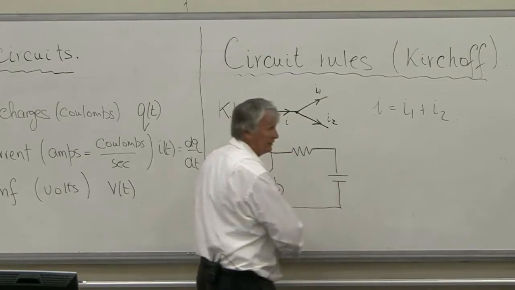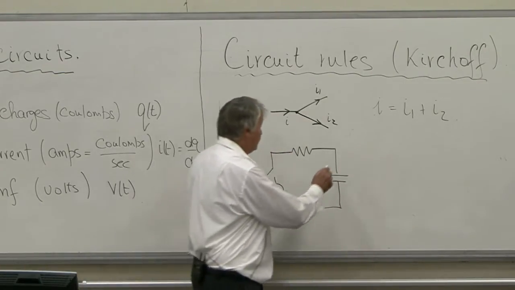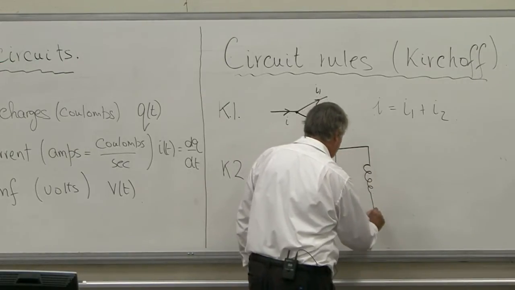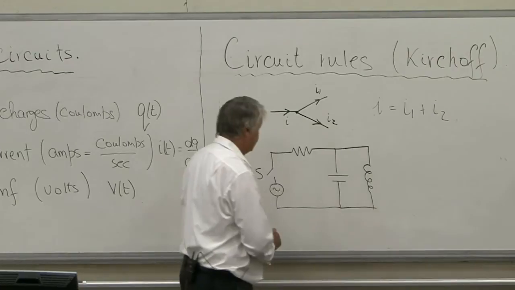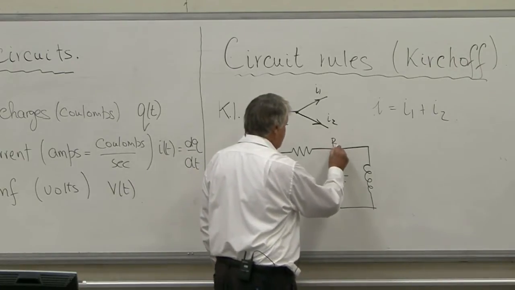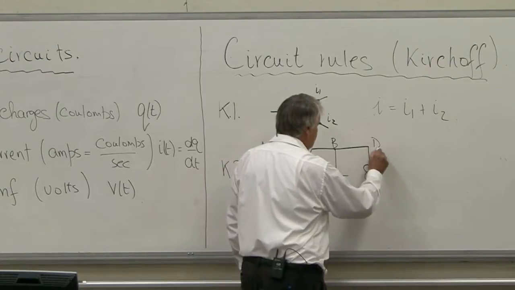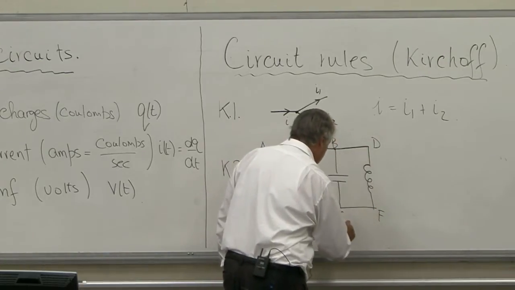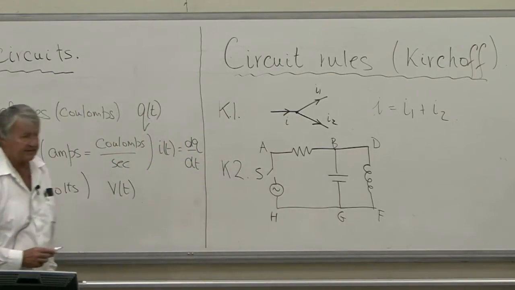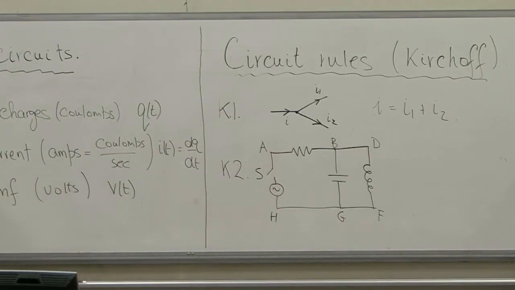So like that. And actually I may have another bit of the circuit, so we could have a network like this. A, B, D, F, G, H. I will just designate the corners by that.